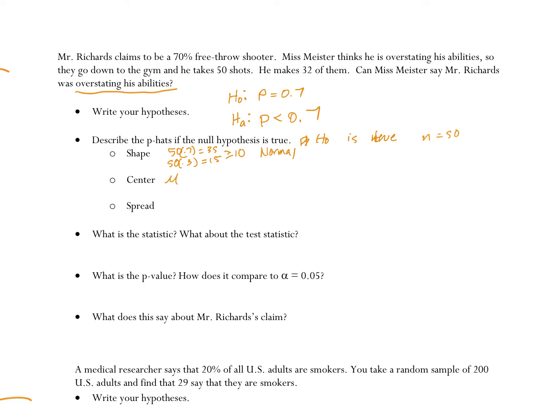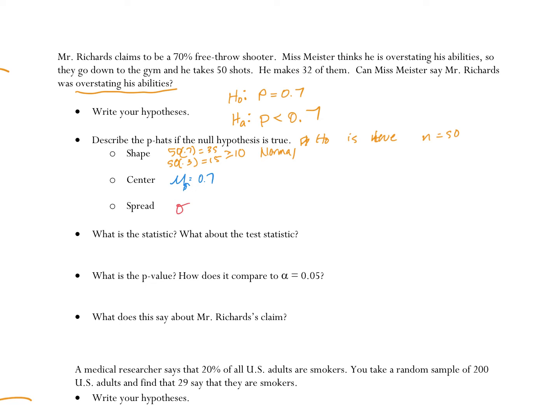Okay? What about the center of all those p hats? It is 0.7. I just want to do it in a different color. So the mean of those p hats is 0.7.